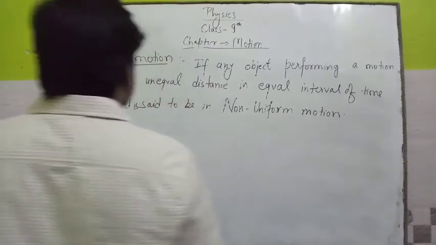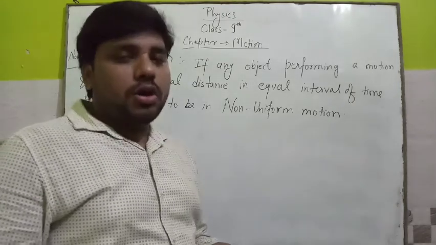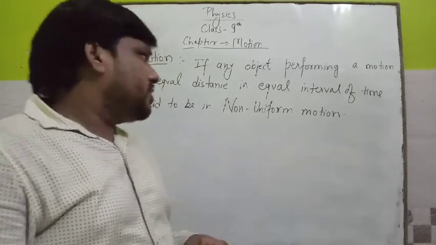Clear? If any object performing motion covers unequal distance in equal interval of time, then the object is said to be in non-uniform motion. Simply, the only difference is what?